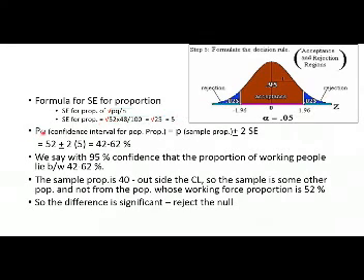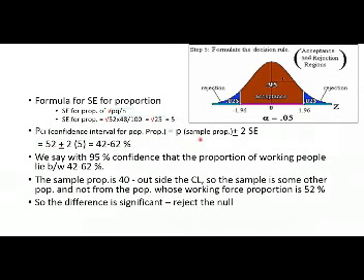Now the confidence interval for population proportion is equal to the sample proportion plus minus 2 standard errors. Standard error in this case is 5.